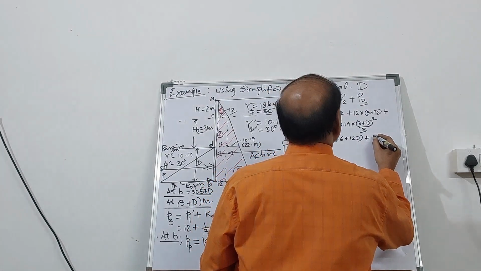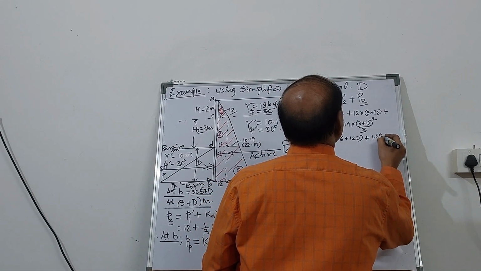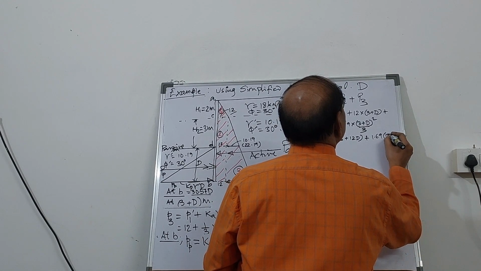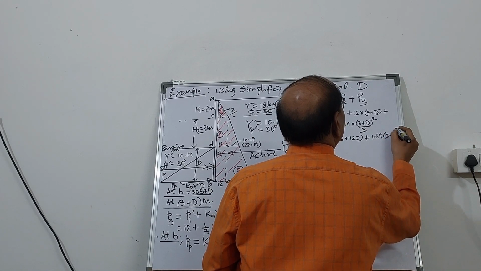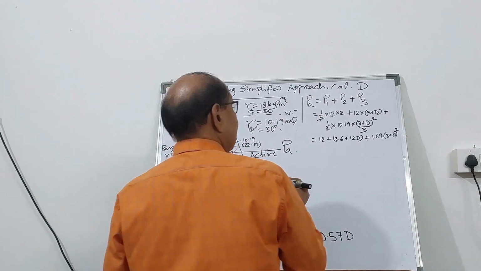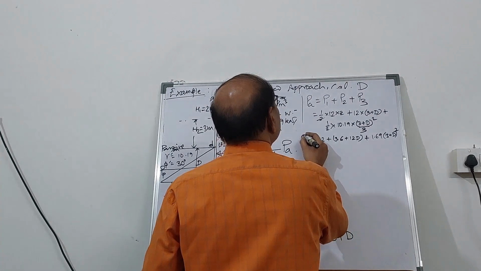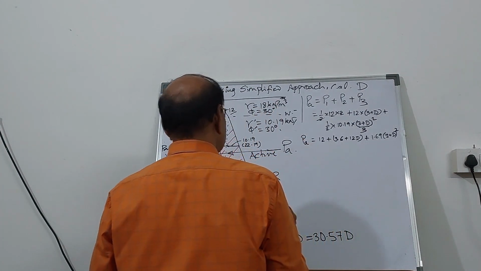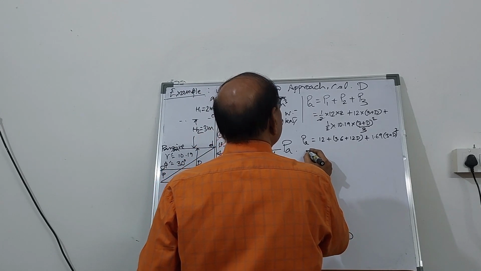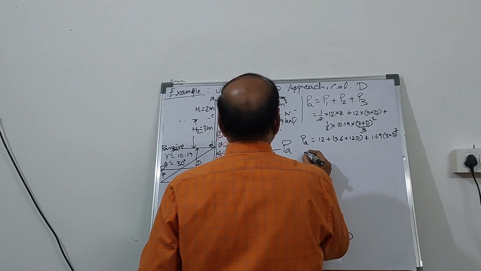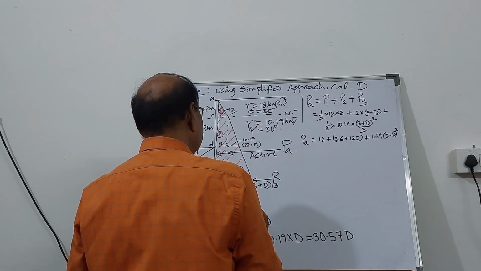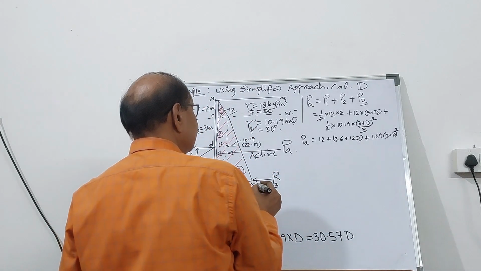1.69 into 3 plus d whole square. P1, P2, P3 is going to be the value of PA. Now this PA is going to act at the location. If you want to calculate, you can find out the location.